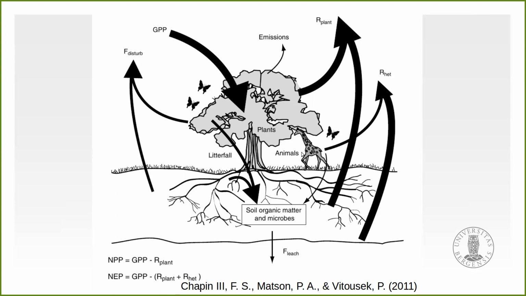And part of the carbon there is leaving the grazer as heterotrophic respiration, and then soil respiration is basically the part of plant respiration that is coming from the roots, and the heterotrophic respiration from the soil fauna. And then there are some disturbances, mainly wildfires.